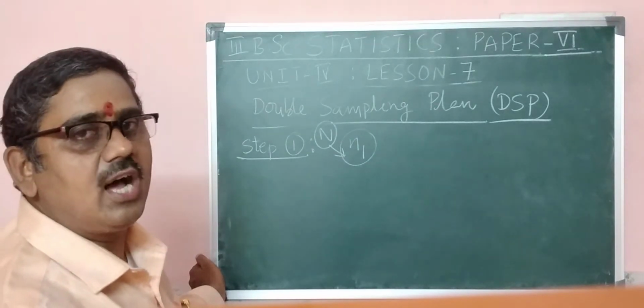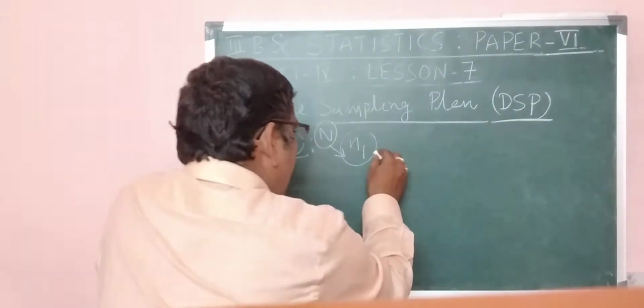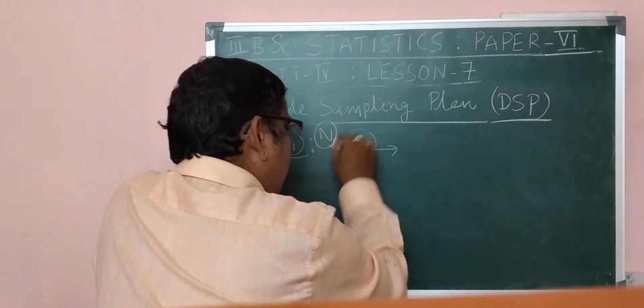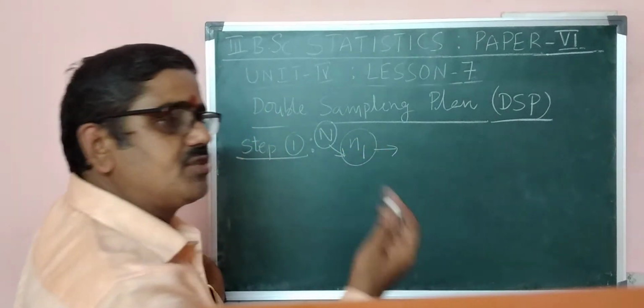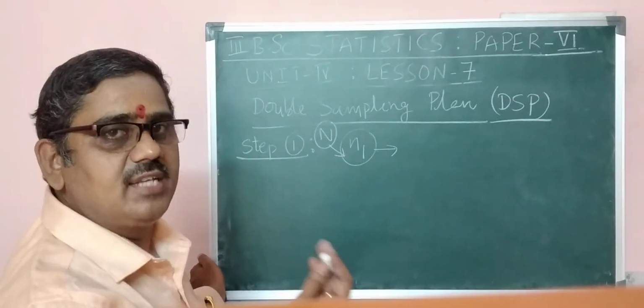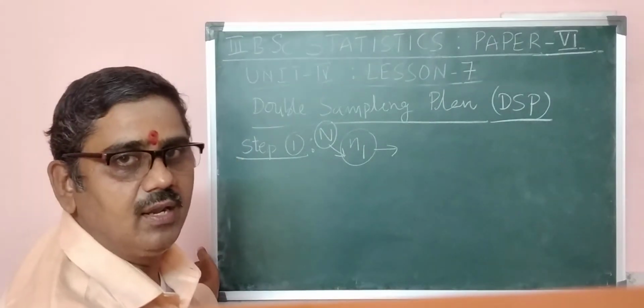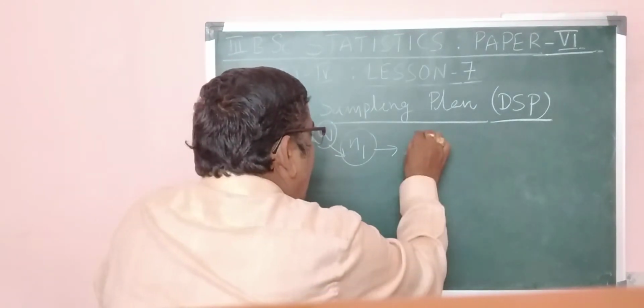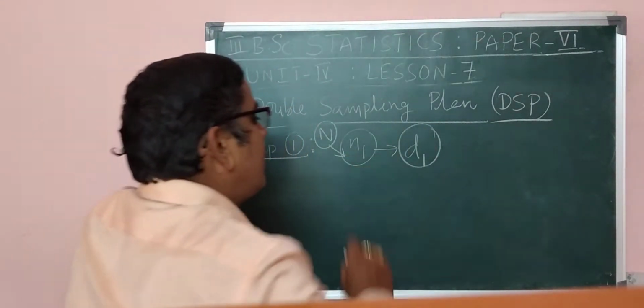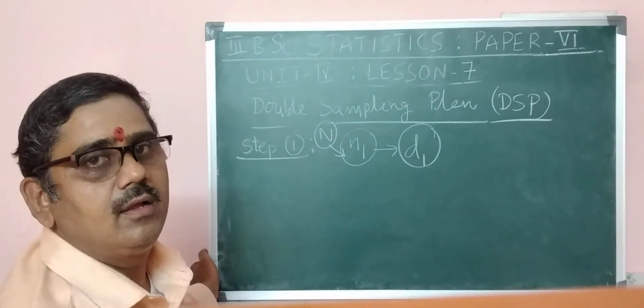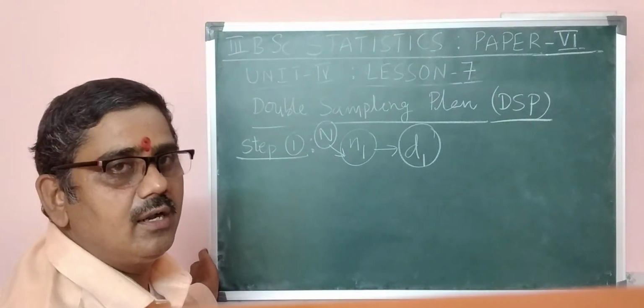You draw N1 items, and you inspect all items in the first sample of size N1, and then observe how many defective items are there.